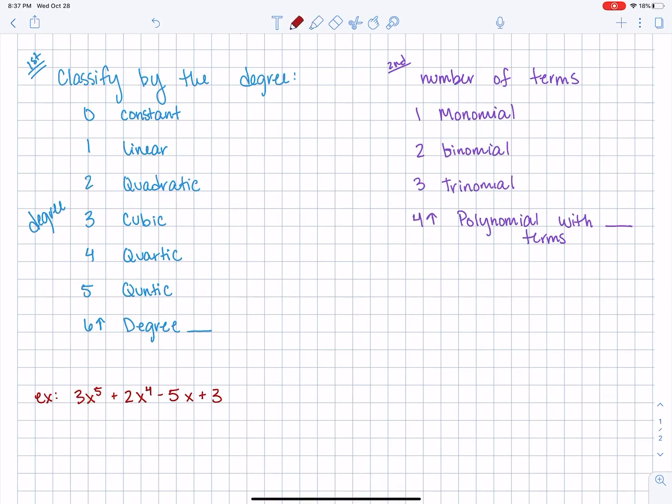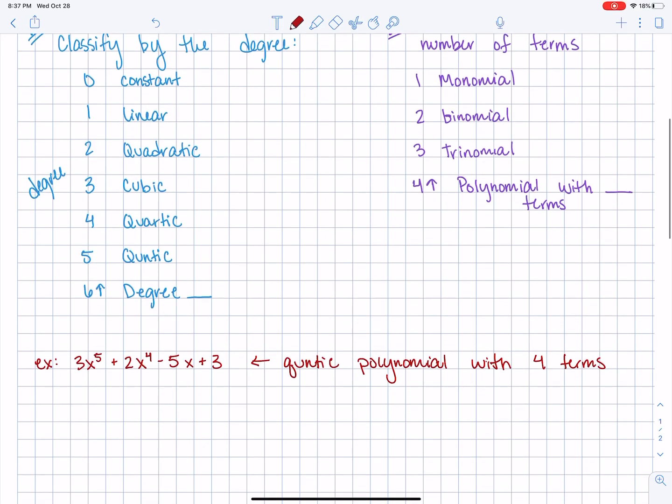So using that piece of information, we're going to say that this is a quintic polynomial with 4 terms. That's how we'd call it, or we'd label it.